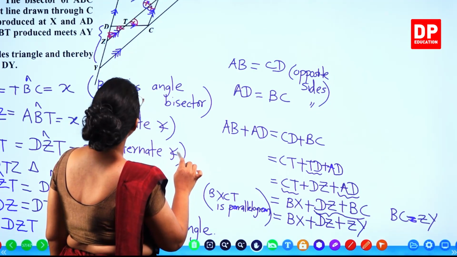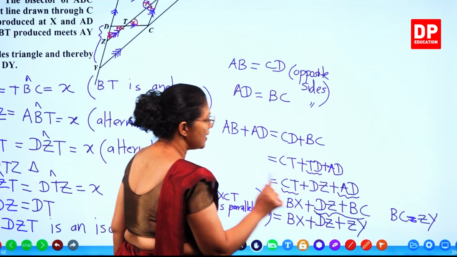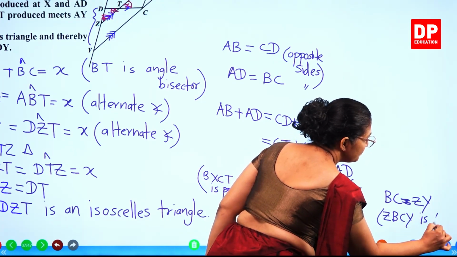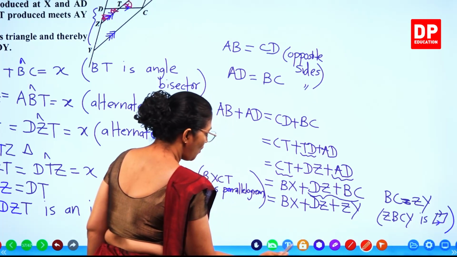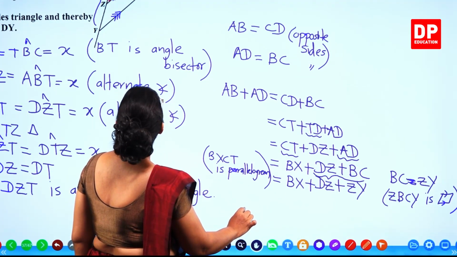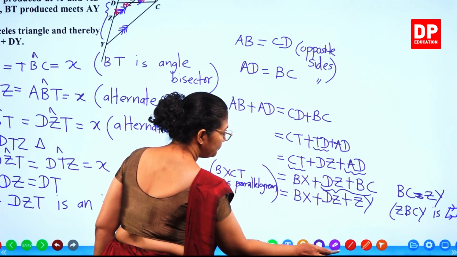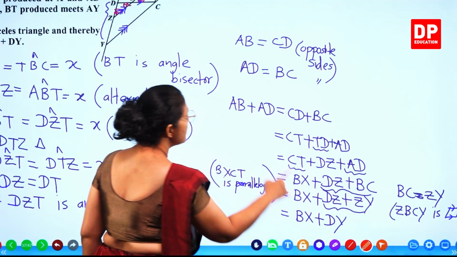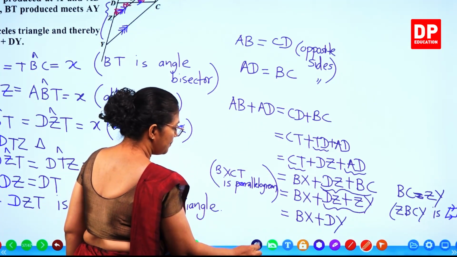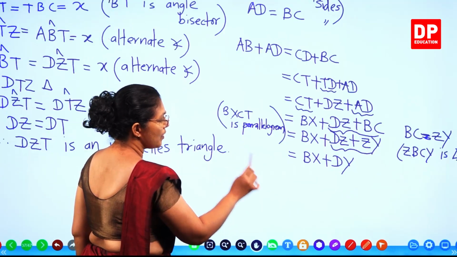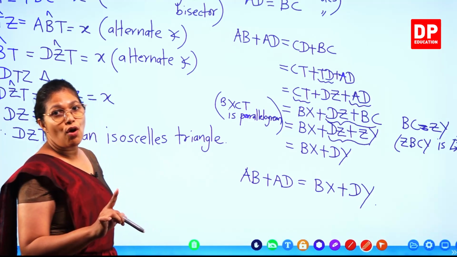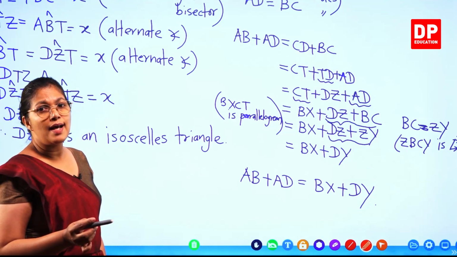BC is equal to ZY because ZBCY is a parallelogram. Now we can see DZ plus ZY is DY. Instead of these two, I can write DY. So BX plus DY is the same as AB plus AD. So that's what we need to show. So the final answer is AB plus AD is the same as BX plus DY. Mostly we use the property of the parallelogram, that is opposite sides are equal.